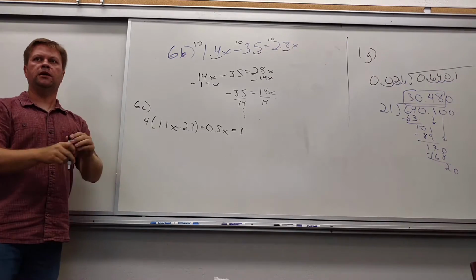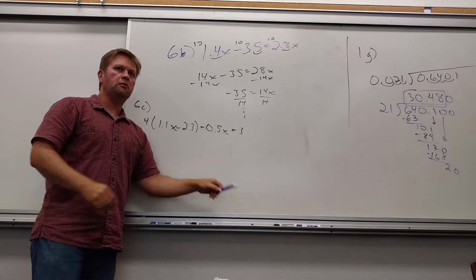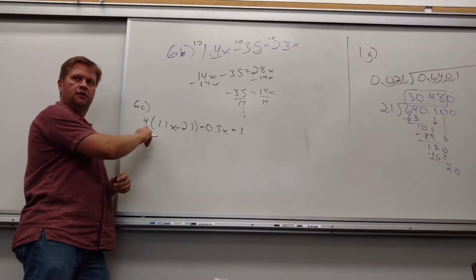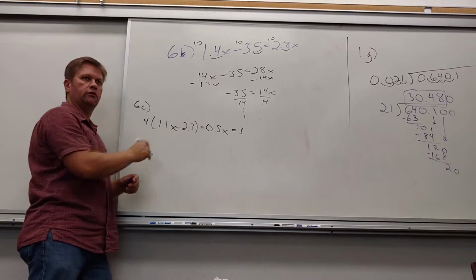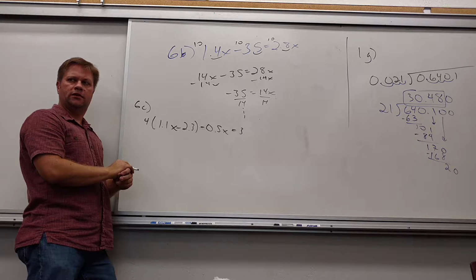Because the mistake people make, if you try to multiply by 10 right now, is they make this 40, and then they make this 11 and this 23. Let me stop right there for a second.